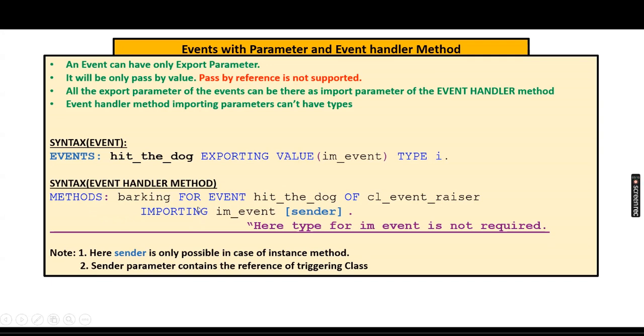In the event handler method, you can define the sender, and you know that the event can be present in a different class and the event handler method can be in a different class. So if you add the sender addition over there, simply you have to write SENDER. What that sender keyword will do is tell you from where that event had been raised. That's the beauty of this sender keyword. So hope you got the idea. I will show you in practical as well.